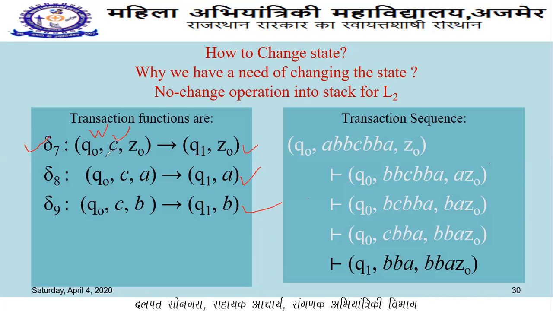So in that case, if the machine is in initial state Q0 and you are reading C, then change the state to Q1 and no change over the top of the stack. Look, also in delta 8 and delta 9, we are only changing the state from Q0 to Q1, but there is no change over the top element of the stack. Okay, so we clear all these questions. Thank you, and we move to our next slide for the pop operation.